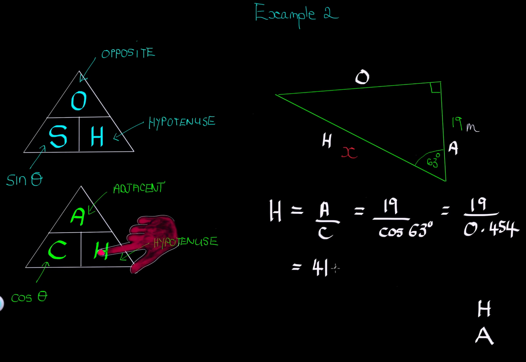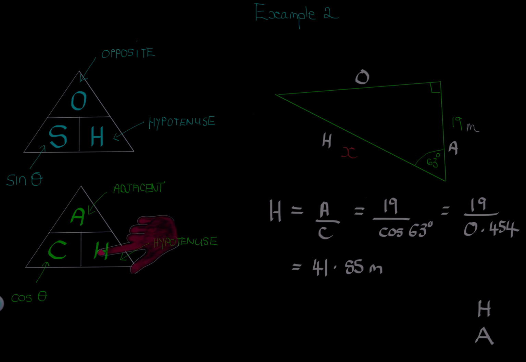So 41.85 metres is the length of our hypotenuse. So that's this length. So there's our example. Okay, let's do another example.